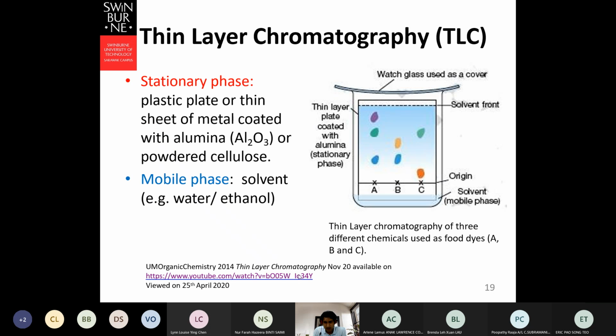Now, thin layer chromatography. We will have the same thing, only the problem with paper chromatography is this: if we keep the paper for a long time, what will happen? The paper will dissolve in the water, right?